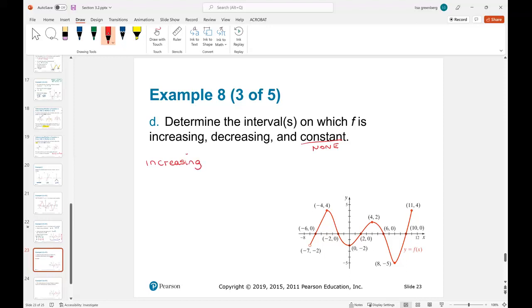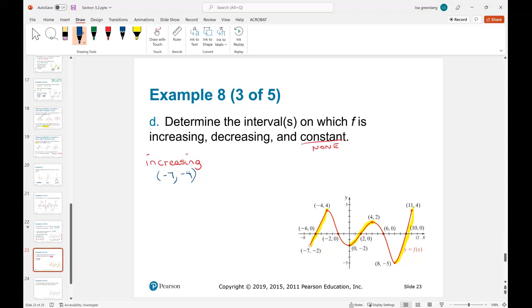Okay, so now I'll do increasing. And it's increasing everywhere it's going up. So it's going up there, it's going up there, and it's going up there. So I have 3 intervals where it's increasing. It's increasing from -7 to -4. Remember, I use my x values.